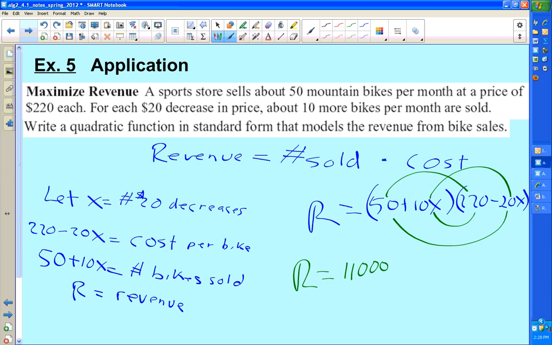We're going to get 2200X minus 2000X, which is plus 200X in the middle, and then minus 200X squared on the end. Is that standard form? It's backwards. R is going to equal negative 200X squared plus 200X plus 11,000.